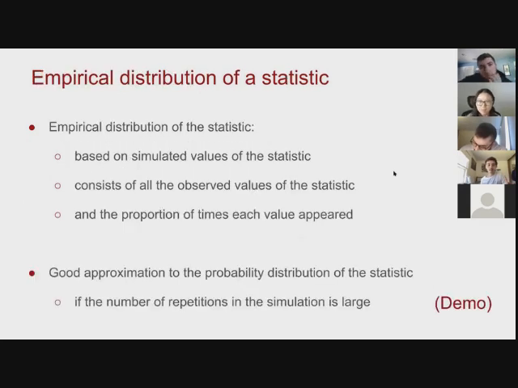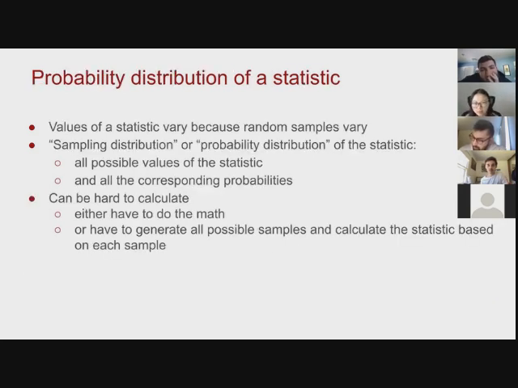All right, so before we get to the demo, let me show you the empirical distribution of a statistic. Notice that we started off talking about the sampling distribution or probability distribution of the statistic. That's what could exist in theory, where we're talking about all possible values of the statistic.